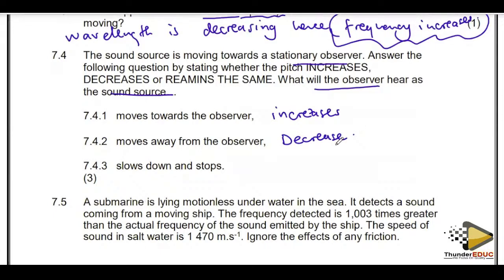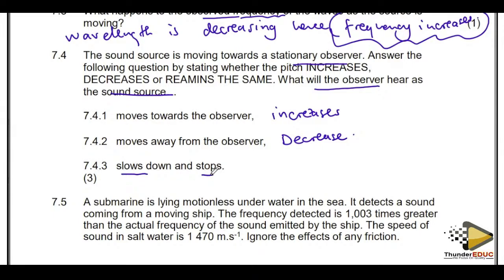And then if it slows down and stops, what happens? If it is slowing down and then stops, the frequency is going to be the same.